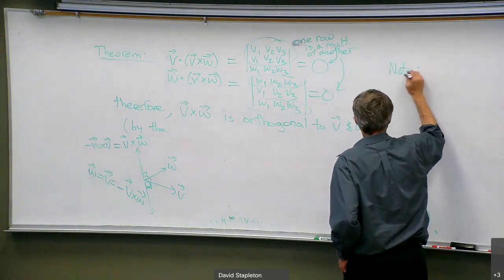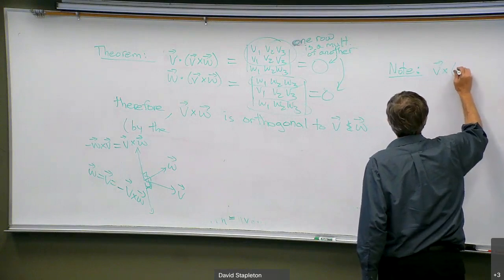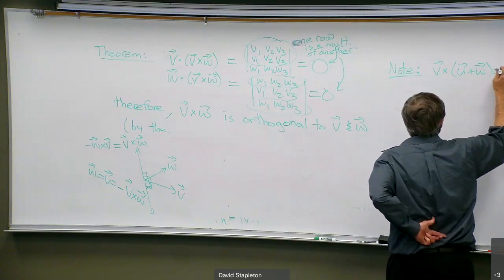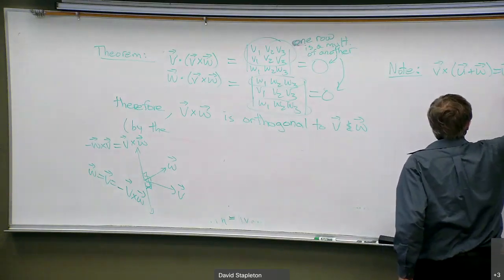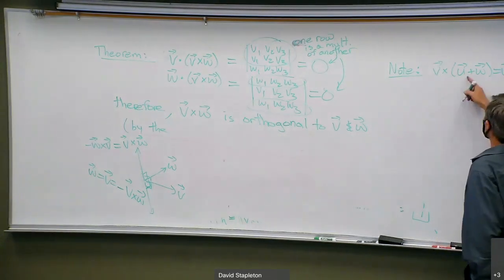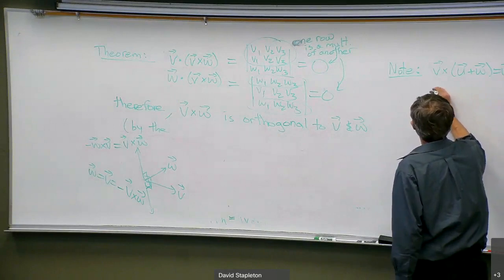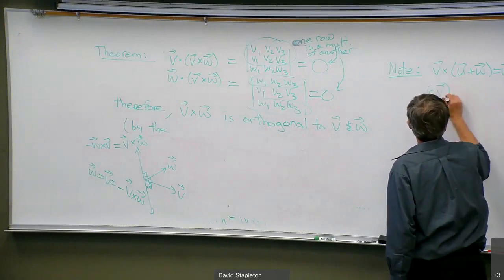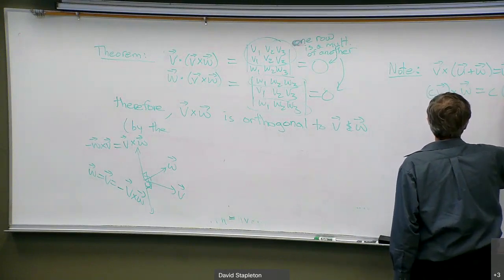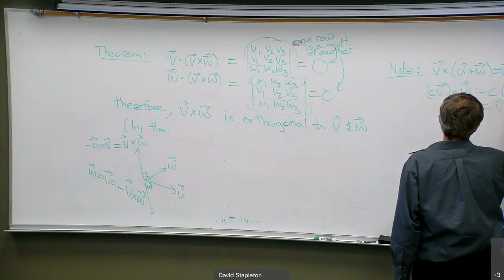All the properties hold that you'd like to see, right? It does distribute over addition. V cross (U plus W) is equal to V cross U plus V cross W. Right? So it distributes. If you take C times V cross W, it's the same as C times (V cross W), which is the same as V cross CW.